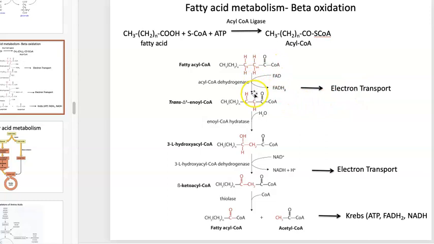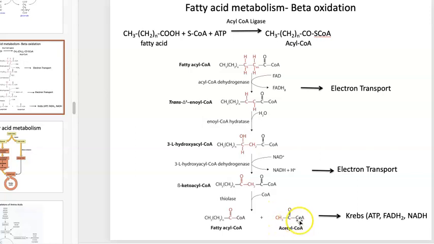And basically all you're doing is modifying the terminal region here. So here's a dehydrogenase, and again you're making more reducing power. And then at the end of all this process, the thiolase that you see here will grab CoA and stick it on, basically cut here and stick this CoA here and give you this 2-carbon acetyl-CoA.